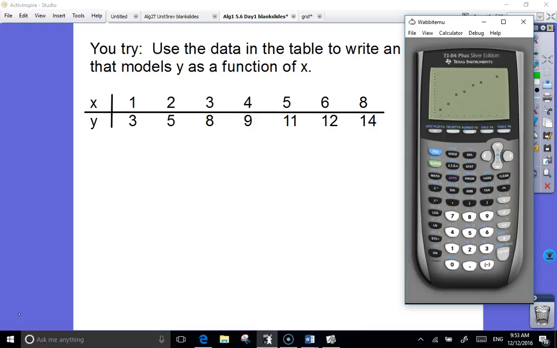So you should have gotten a graph that looks kind of like that, right? And then what are the steps to find the equation of the line then? Stat calc 4.